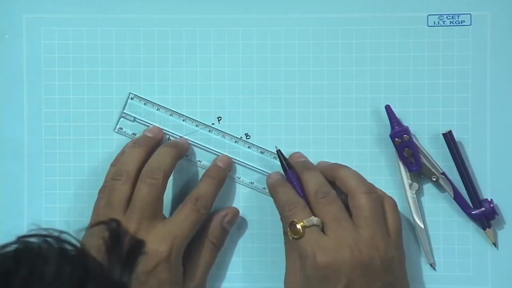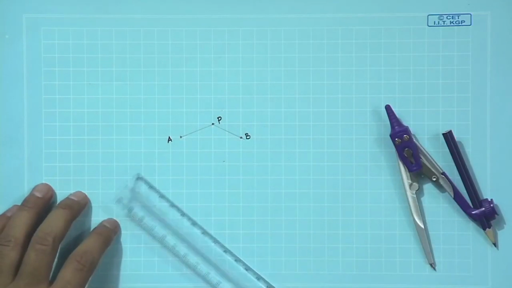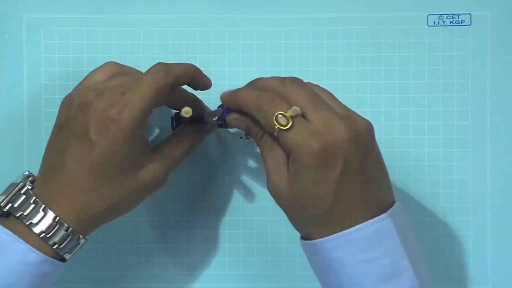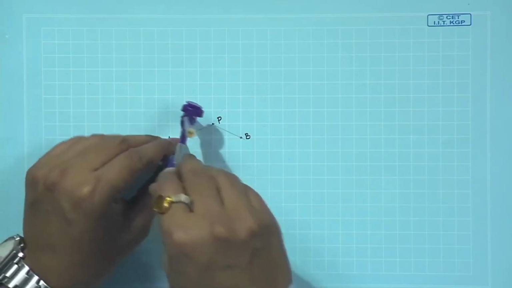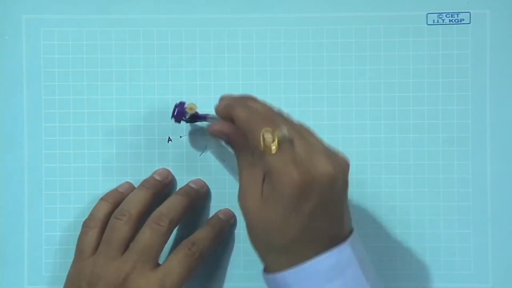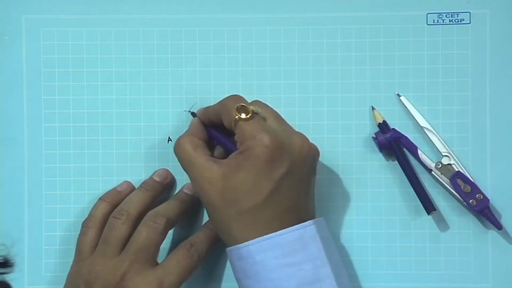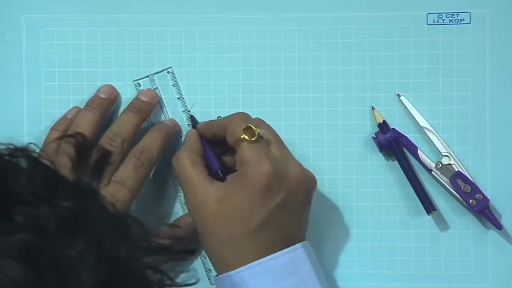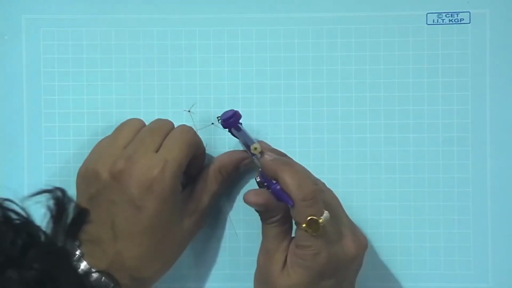A, P and P, B. Now, let us construct perpendicular bisectors for A, P, beginning with center A and also center P. Similarly, construct the next perpendicular bisector for P, B.